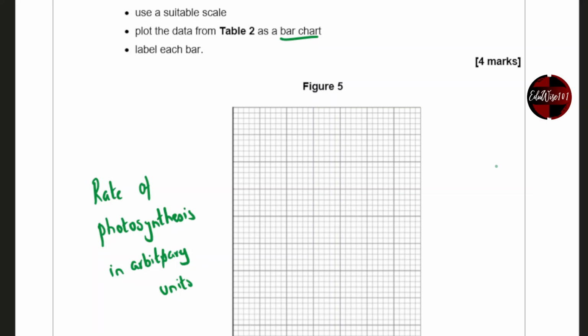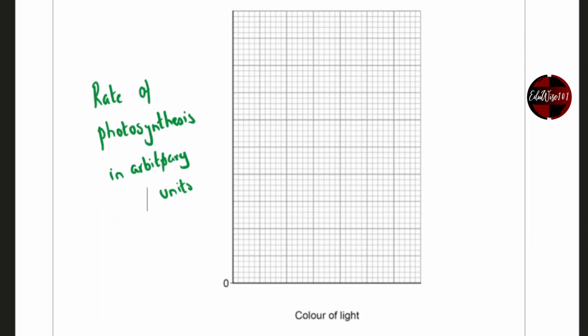So how do you draw the bars for this? Remember, the blue is 9, green is just 1, and the red is 8. So if I count 1, 2, 3, 4, 5, 6, 7, 8, 9. There you go.